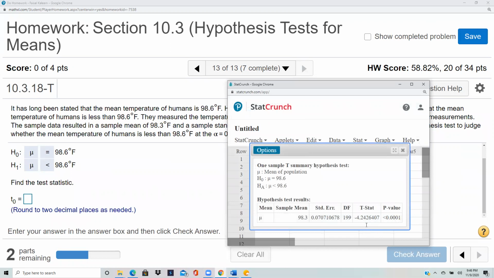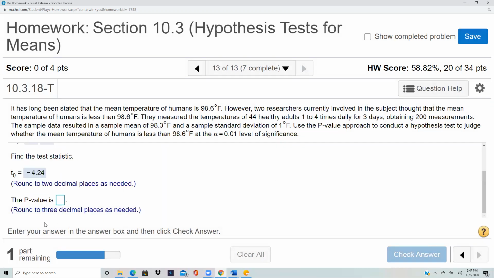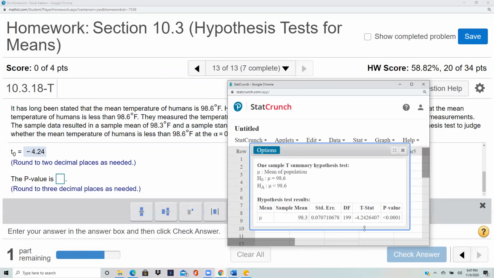So the test statistic is negative 4.24. Remember, look at the p-value, 0.0001. Actually it was less than 0.0001.